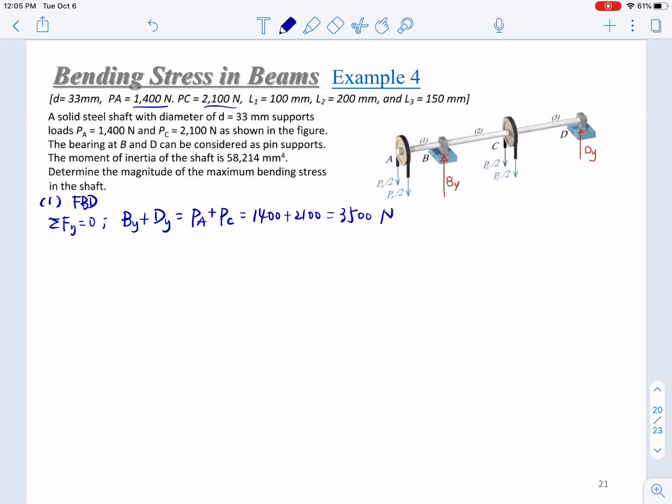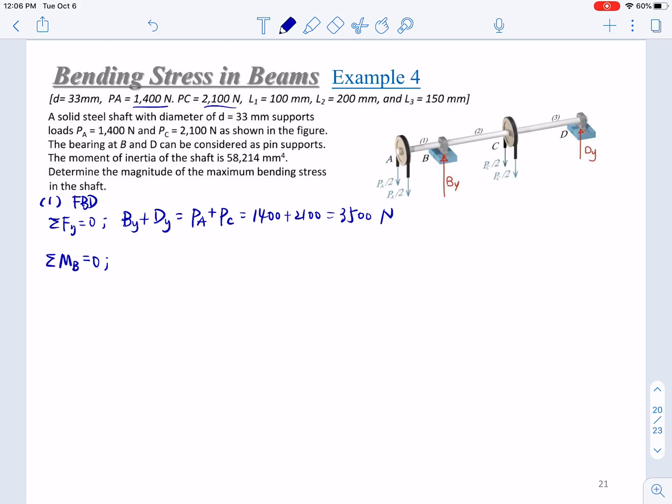Okay, this is one equation, two unknowns. So we cannot solve it. We need another equation based on the sum of moment about point B equals 0. You can also select point D, where you will get the same results. We just select B equals 0.